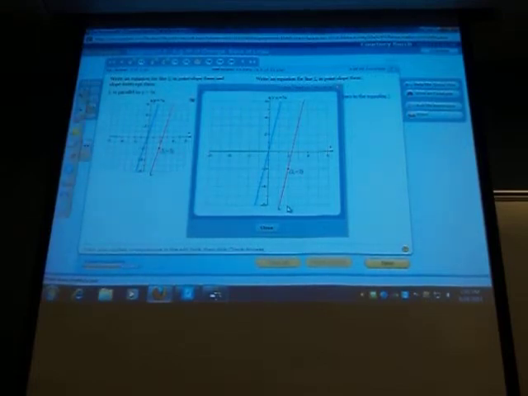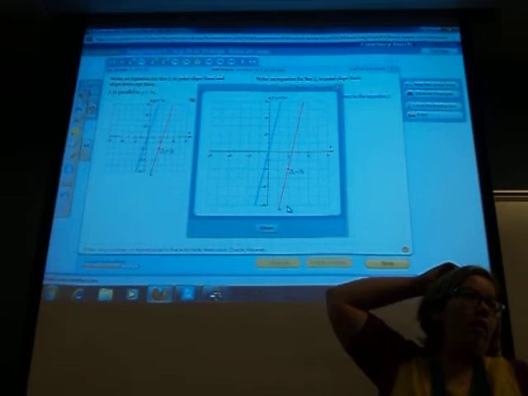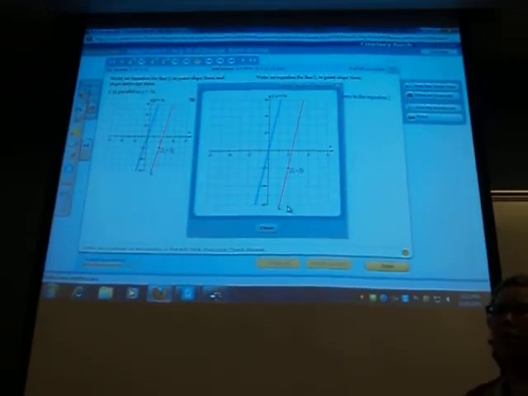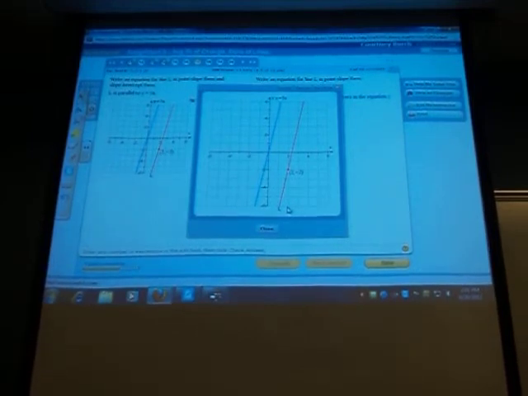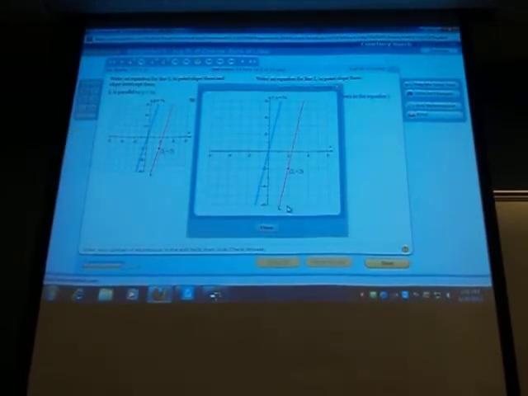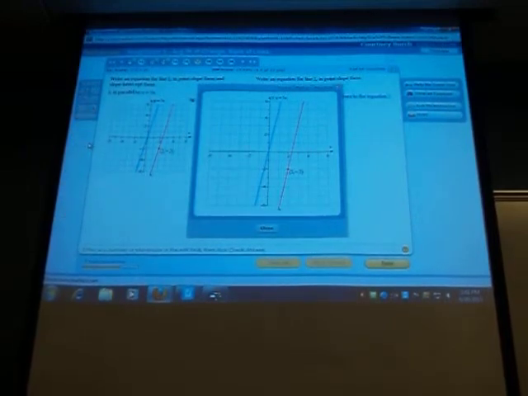So they give me a point on the red line, and that's the point I want to use. I just need to figure out what the slope of the parallel line would be. So my original line here is y equals 5x.